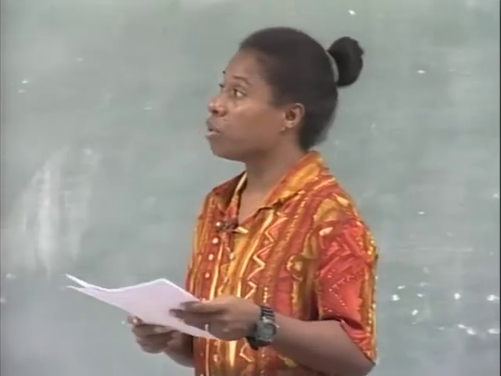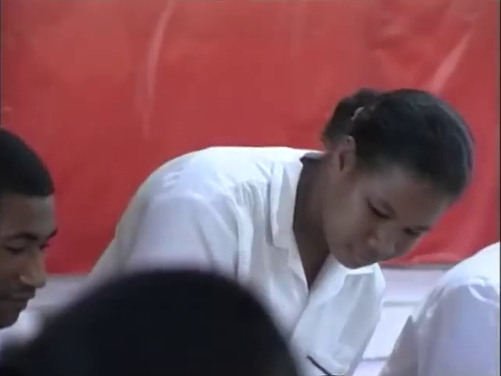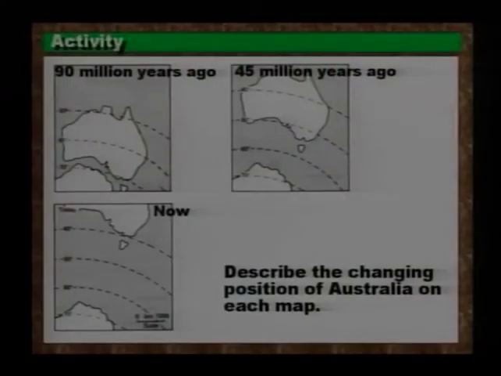Marian, your answer for each of those maps, describing the changing position of Australia. 90 million years ago, Australia drifted 2 degrees north, and 45 million years ago, it drifted 15 degrees north away from Antarctica, and today it drifted about 30 degrees north. Okay, we'll check that information according to what Marian has given.